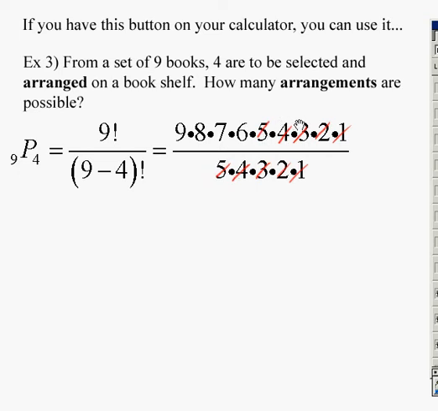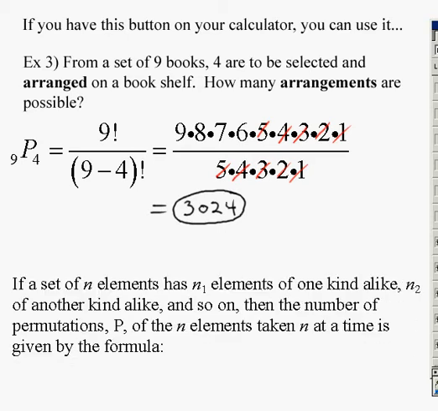Because any factors that are the same in the numerators and denominators will just divide out to 1. And we're left with our 9 times 8 times 7 times 6, just as if we had used the fundamental counting principle. So there are 3,024 ordered arrangements of taking 9 books, selecting 4, and then putting those 4 in some kind of ordered arrangement.